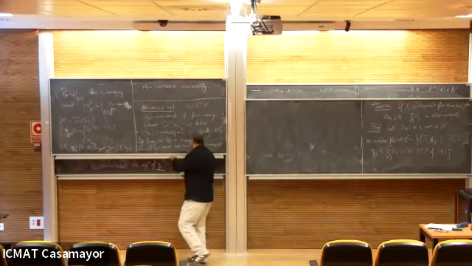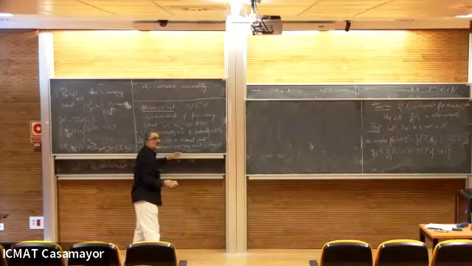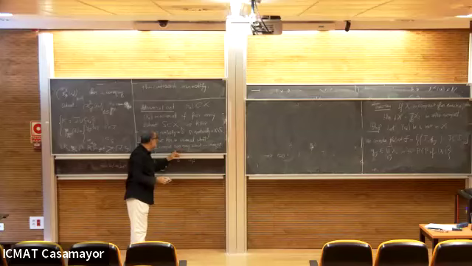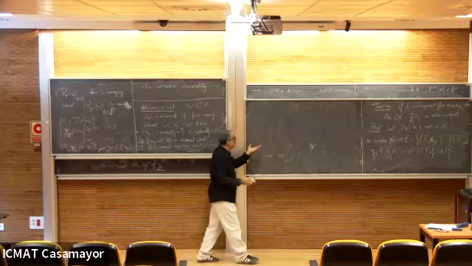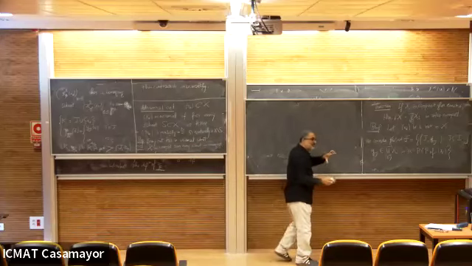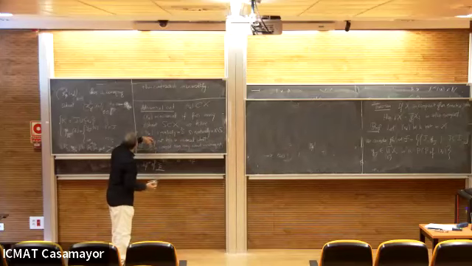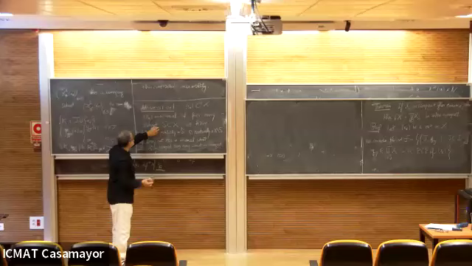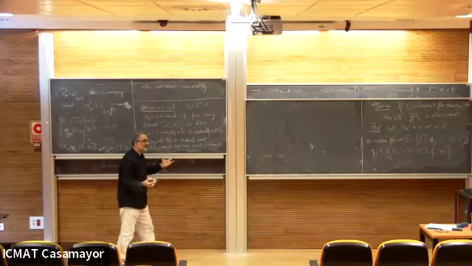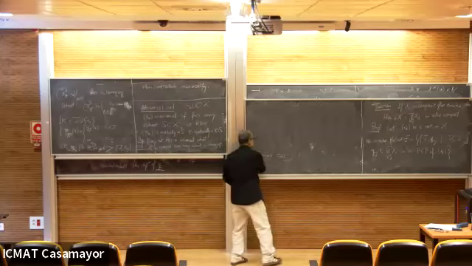Now you can use universal subnets to give a very short proof of Tikhonov's theorem, but the difficulty is hidden here because this result has a long proof.